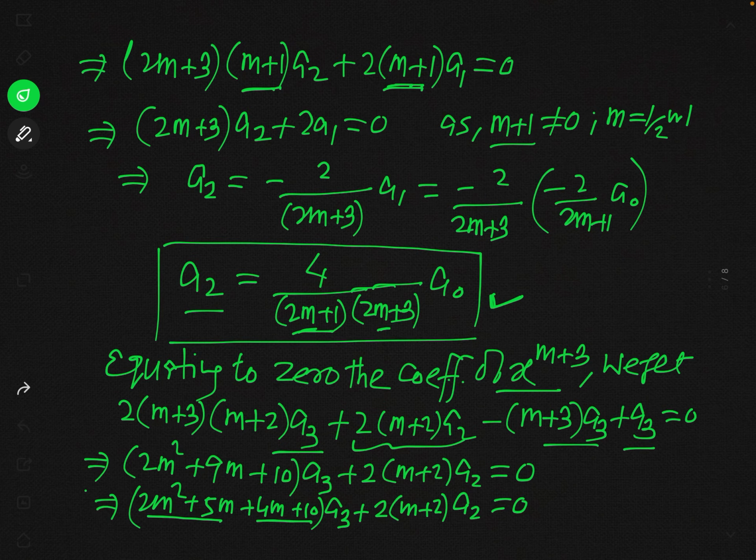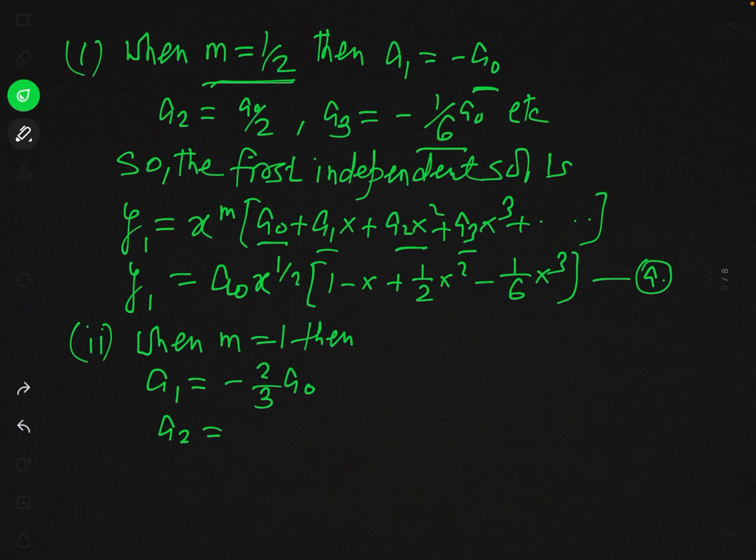So this will be 4 divided by 3 into 5 a naught. And you can write it as 2 square by 3 into 5 into a naught. Here you can think that this is 2 to the power 1 and here there is 2 to the power 2.